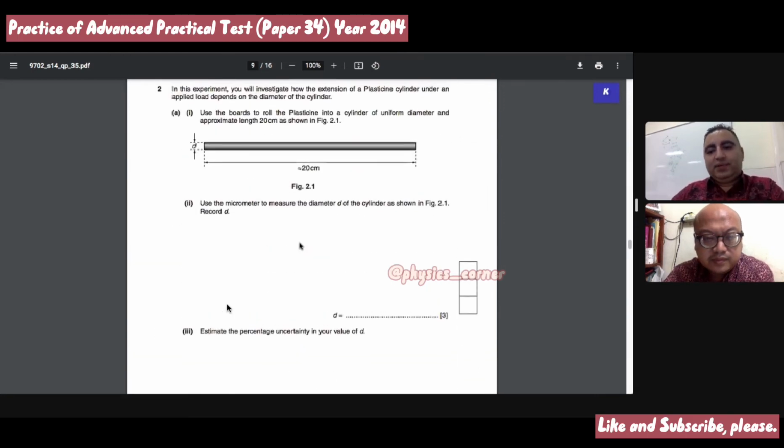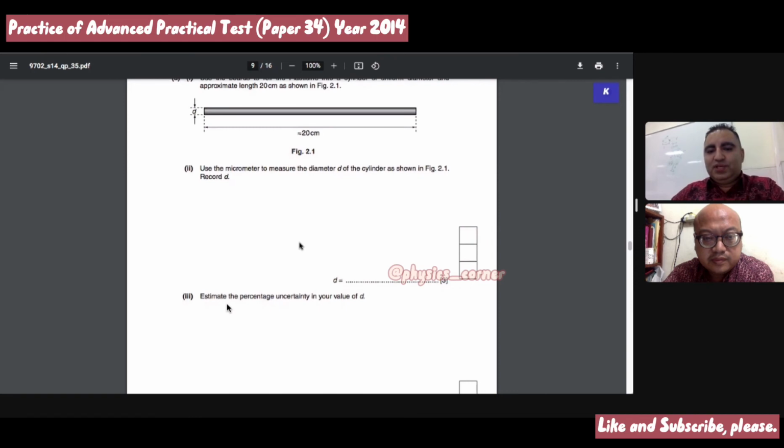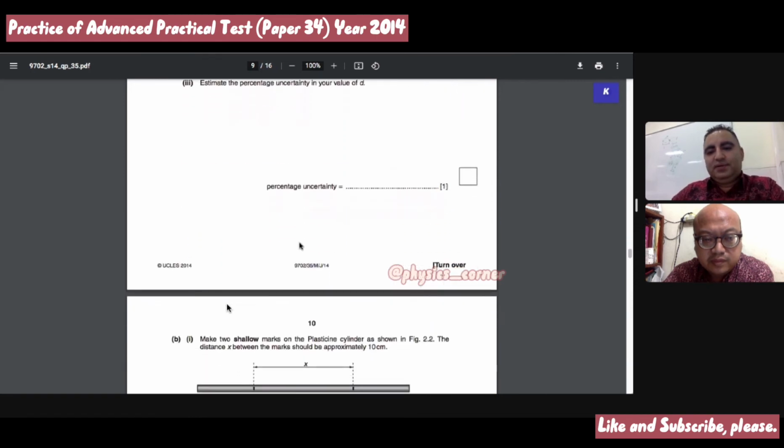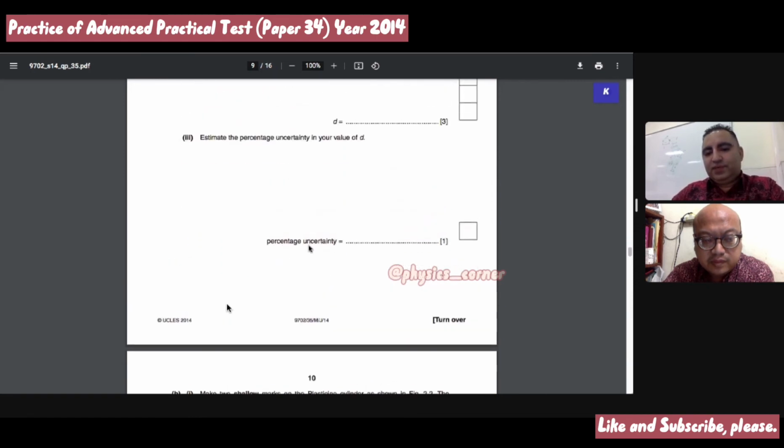And then this is the second question. Usually there are only 2 data. Here they will ask you to find the percentage uncertainty. This is very simple. If you are using a ruler, you know already how to find it. For example, you use 5.3 centimeter.